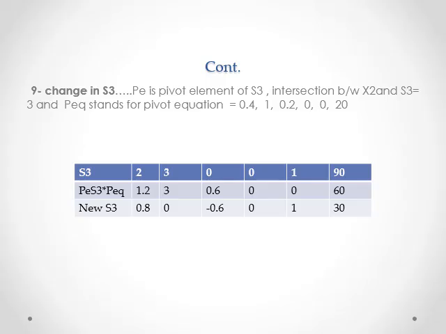We are going to copy S3 as given in the primal table. The second operation, represented by the second row, is the pivot element of S3 multiplied by the pivot equation, which is given.